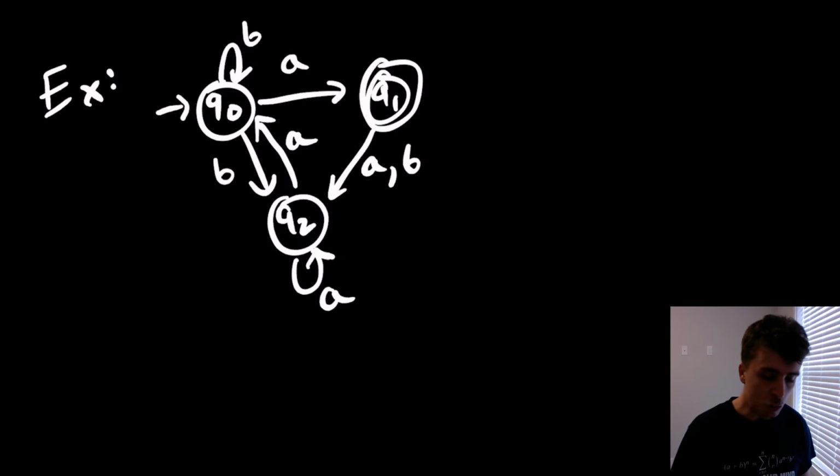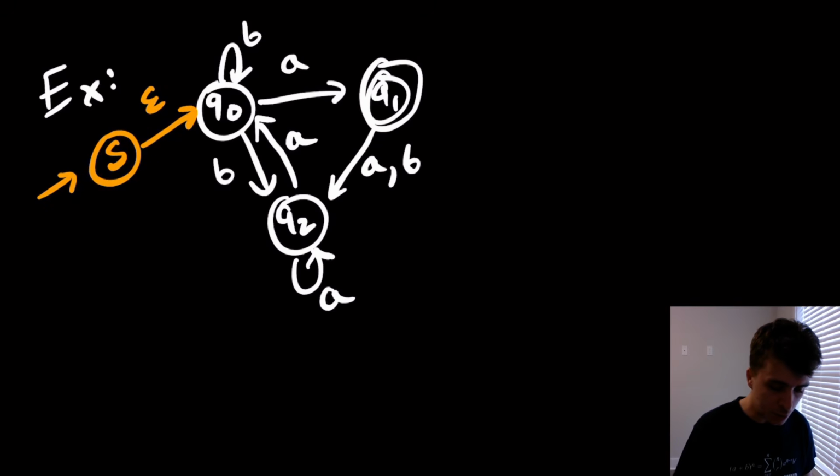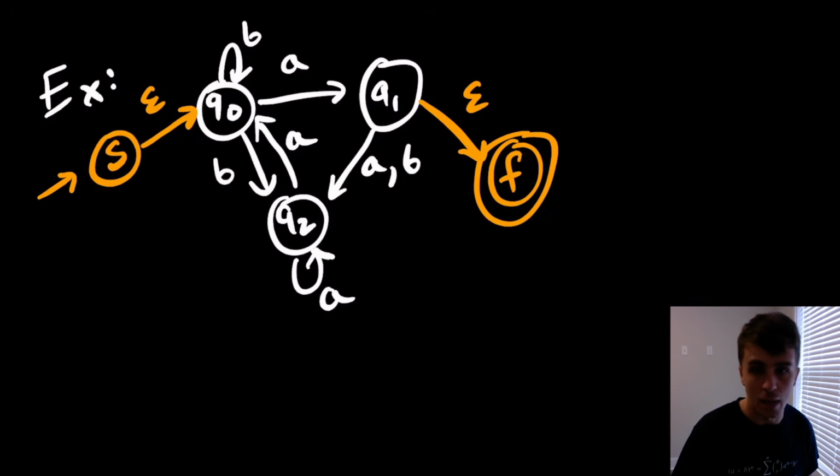The reason is we need a final state without any transitions leaving it, but this one does have something leaving it. So in orange I'm going to make a new start state, called S, which has an epsilon transition to the old start state, and make Q1 not final, with an epsilon transition to a final state that I'm going to call F.